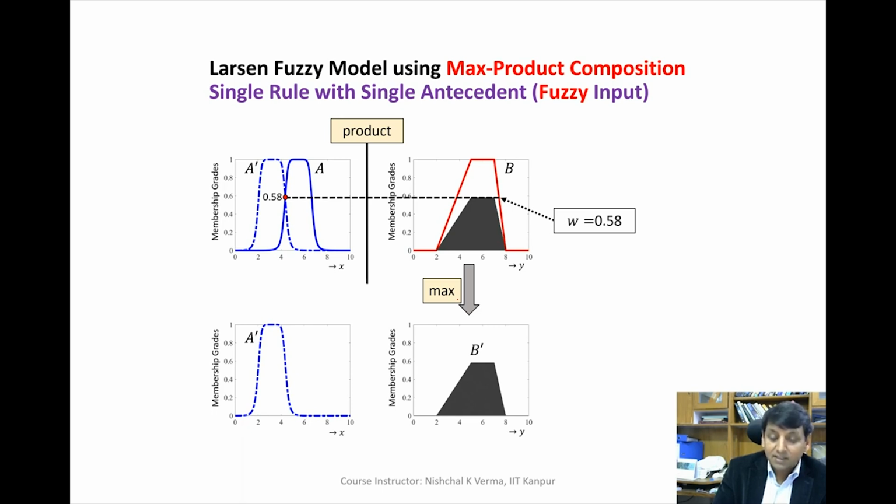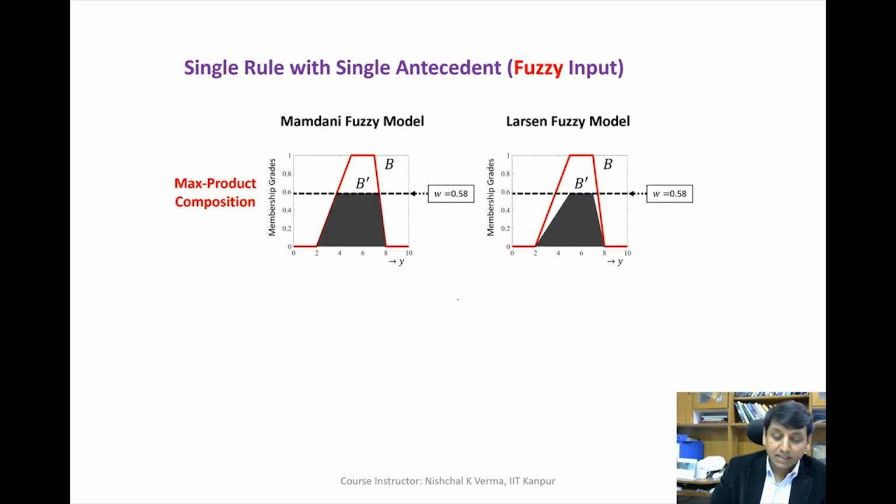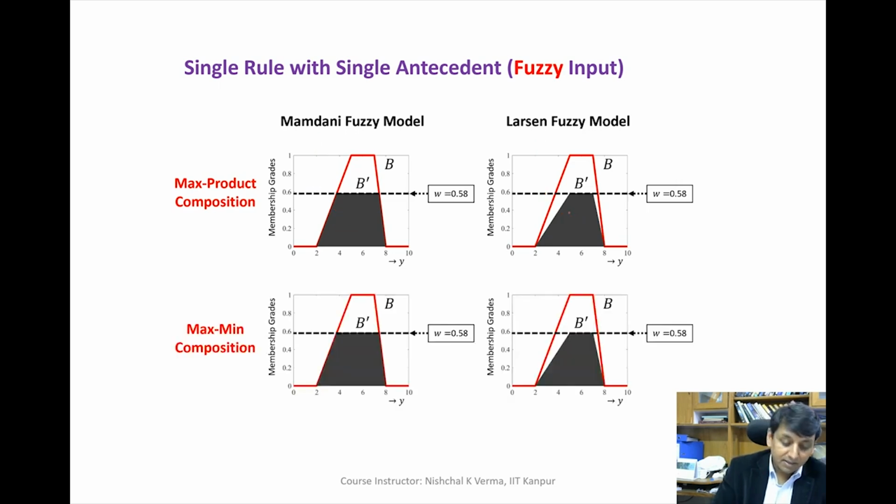Both are going to give us the same output. So we can see that in both cases we are getting the same output when we compare the max min composition and the max product composition.